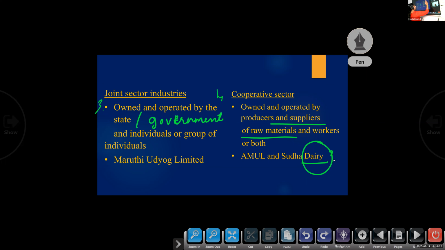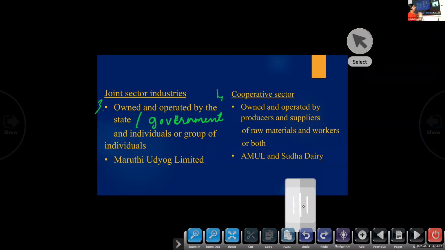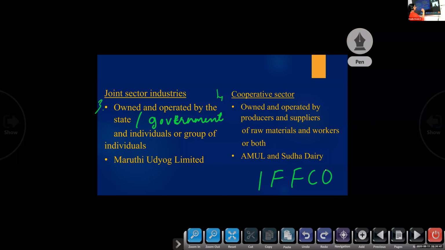All these are examples of cooperative sector. Then you can add one more example for cooperative sector, IFFCO, Indian Farmers Fertilizer Cooperative. It's an example of cooperative sector.